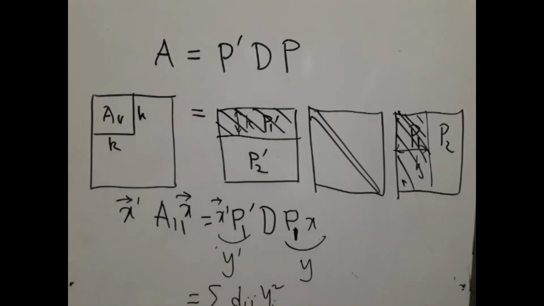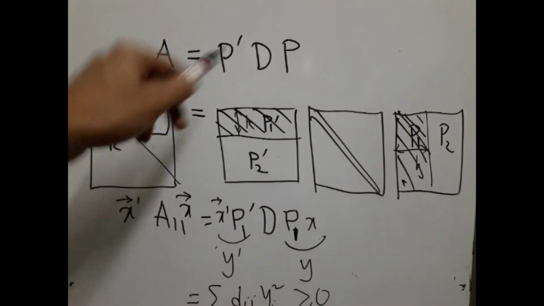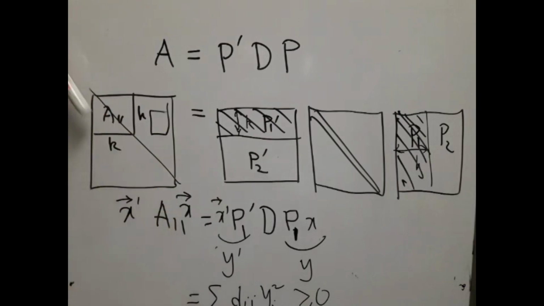If d_ii are all non-negative, these being real valued variables, this has to be greater than or equal to 0, and that shows something quite interesting, namely if your original A is non-negative definite, then you take any such submatrix, just make sure that the submatrix is placed symmetrically around the thing. Do not take a submatrix like this, so it must be symmetric along the leading diagonal. Then that also must be NND.